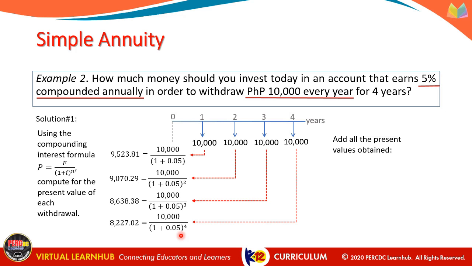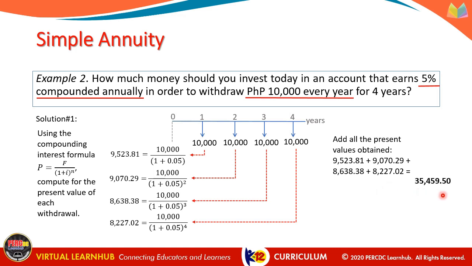8,227.02. For our next step, we just add all the present values obtained in this step. That is 9,523.81 plus 9,070.29 plus 8,638.38 plus 8,227.02.